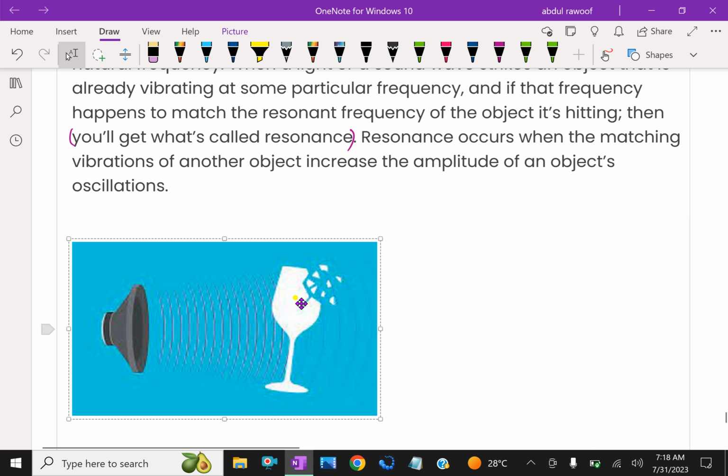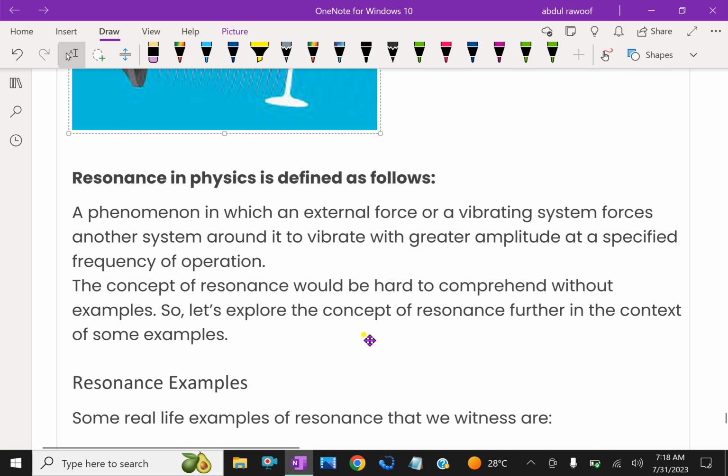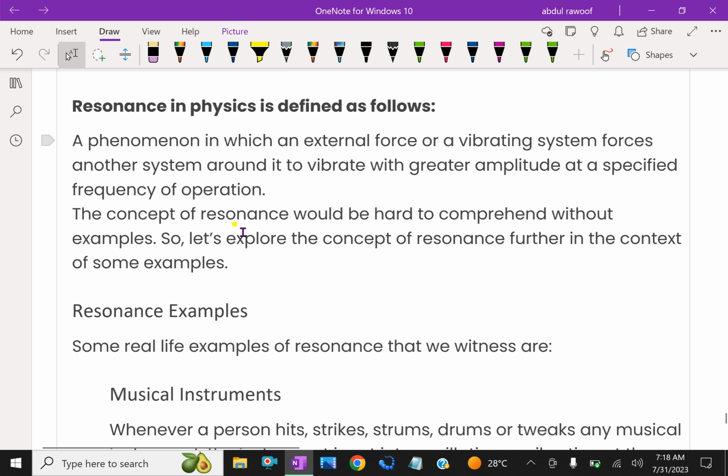Due to that resonance, the glass breaks. Resonance in physics is defined as follows: a phenomenon in which an external force or vibrating system forces another system around it to vibrate with greater amplitude at a specified frequency of operation.